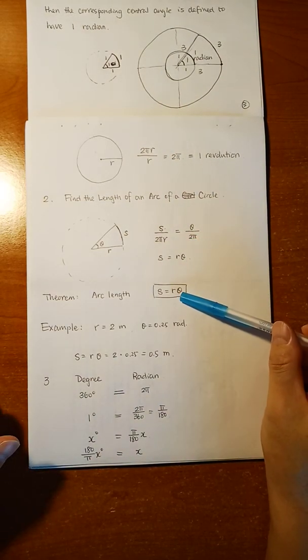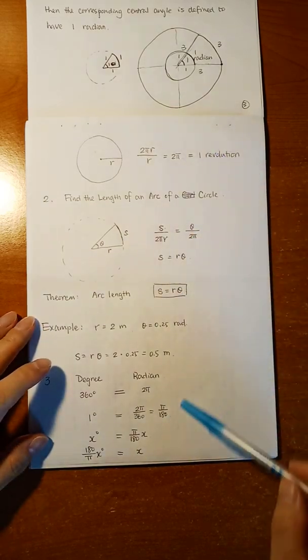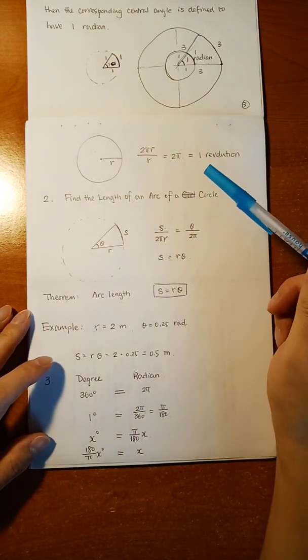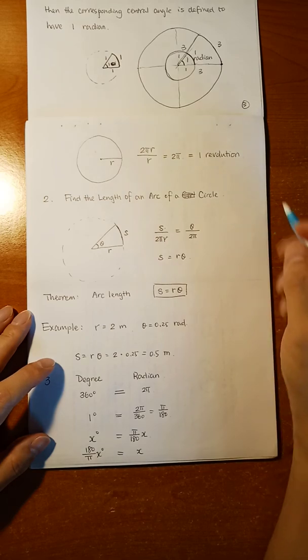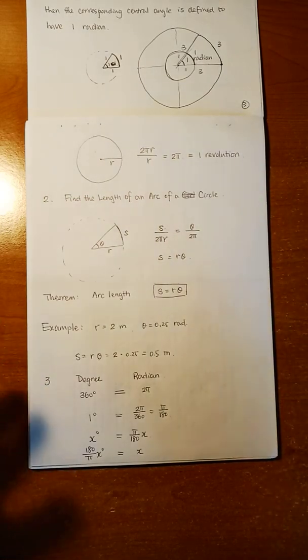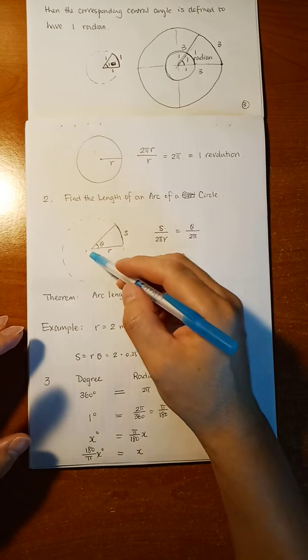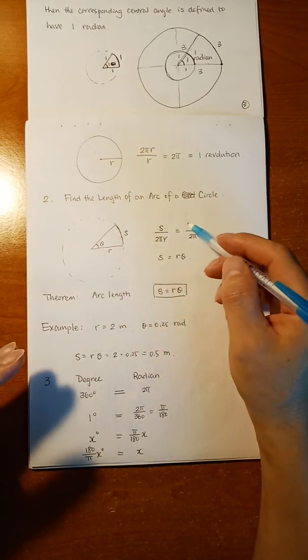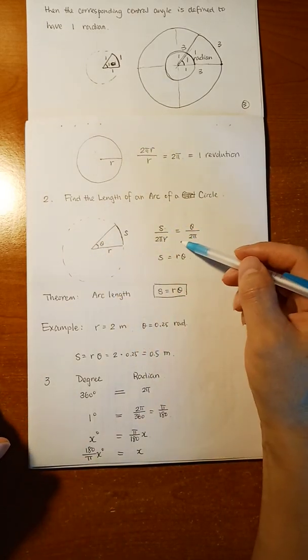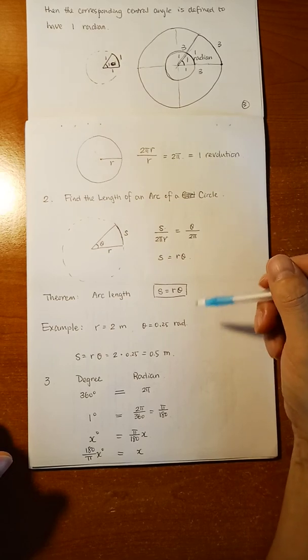To get this formula, you can either use what I did here, or you can do the process like in the textbook. The textbook uses a similar proportion, but in a different approach. Either works.